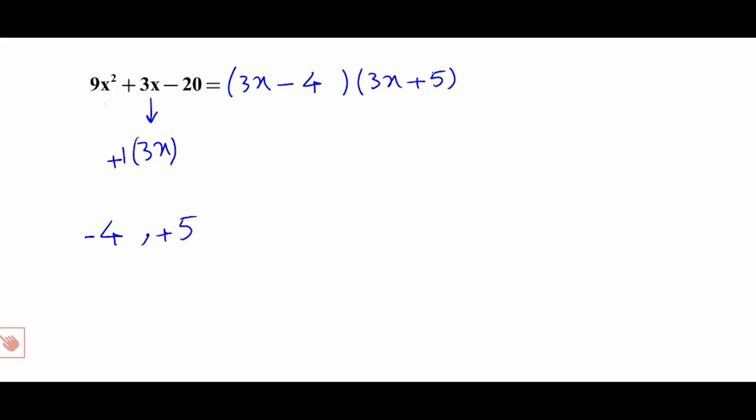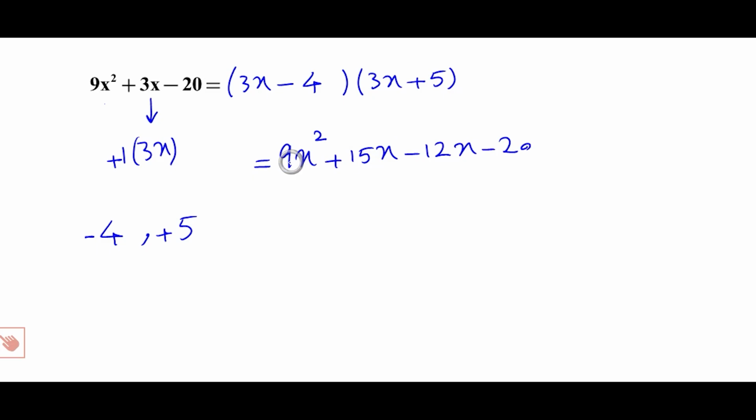To be sure, let's check it. That means we multiply these two expressions to see if we get the original expression or not. So we have 3x times 3x is 9x squared, and 3x times 5 is 15x, and minus 4 times 3x is minus 12x, and minus 4 times 5 is minus 20.